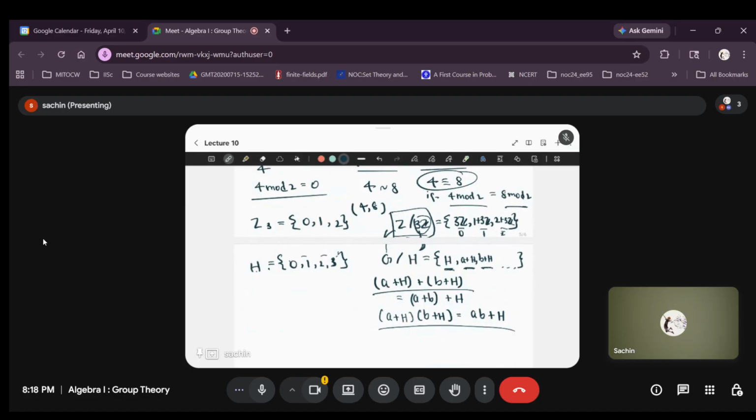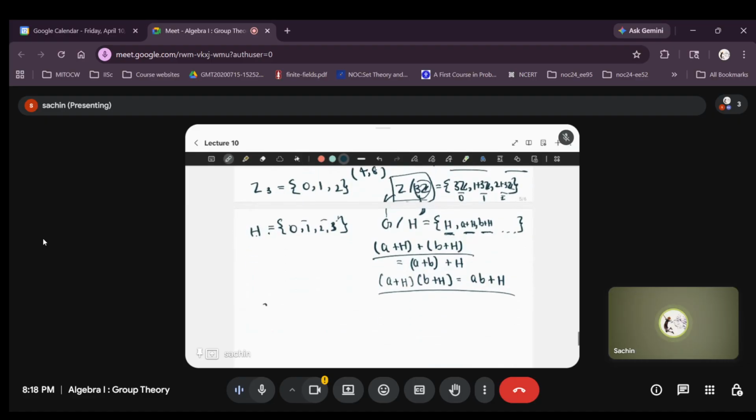Yes, all integers. Yes. 3 plus 3Z is the same as 0 plus 3Z. That's why. 4 plus 3Z is the same as 1 plus 3Z.